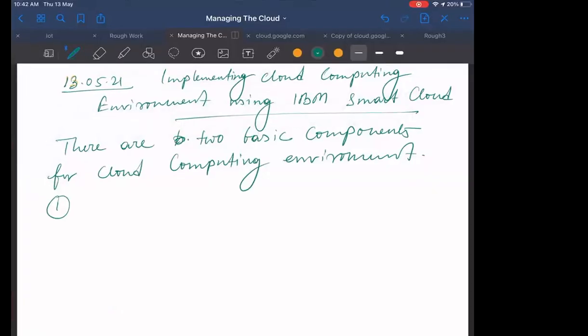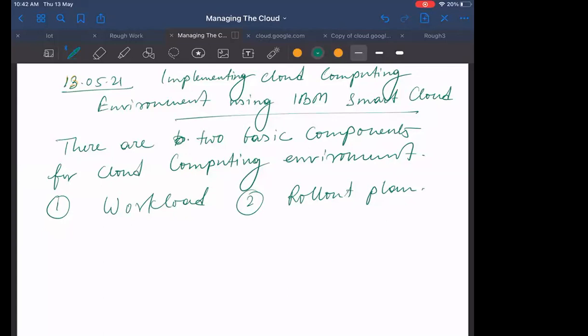Okay, so there are two basic components for the ideal cloud computing environment. One is the rollout plan, another is the workload. There are many options for implementation considering the business models and available technologies.